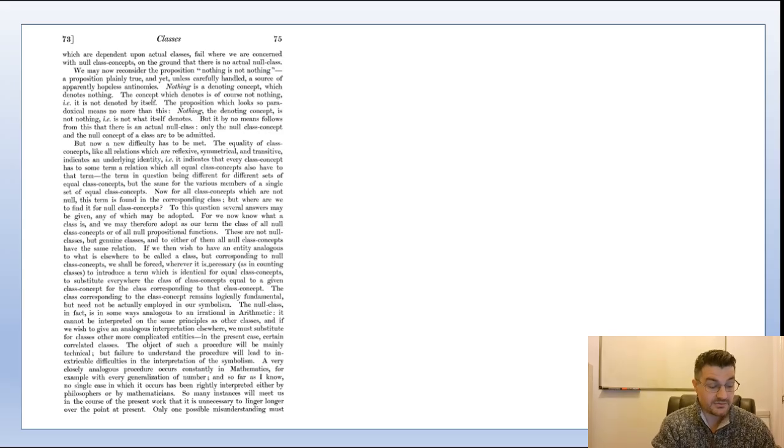But now a new difficulty has to be met, not a technical difficulty. The equality of class concepts, like all relations which are reflexive, symmetrical, and transitive, indicates an underlying identity, i.e., it indicates that every class concept has to some term a relation which all equal class concepts also have to that term, the term in question being different for different sets of equal class concepts, but the same for the various members of a single set of equal class concepts.